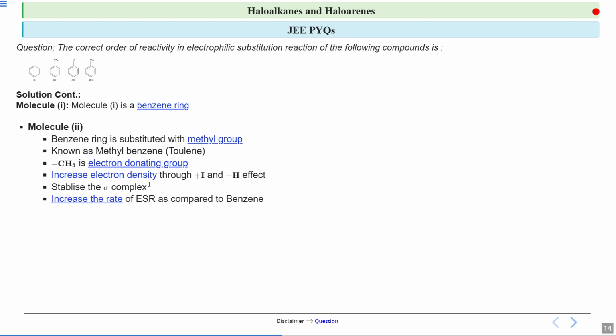The sigma complex becomes stable, that means the ESR rate will increase as compared to simple benzene, because in benzene no electron donating group is present. If there is an electron donating group on the benzene, it stabilizes the sigma complex, increasing the rate of electrophilic substitution reaction as compared to benzene.